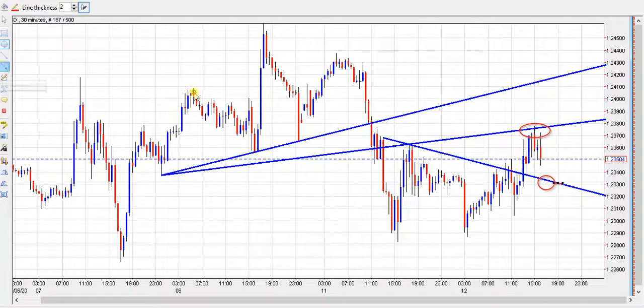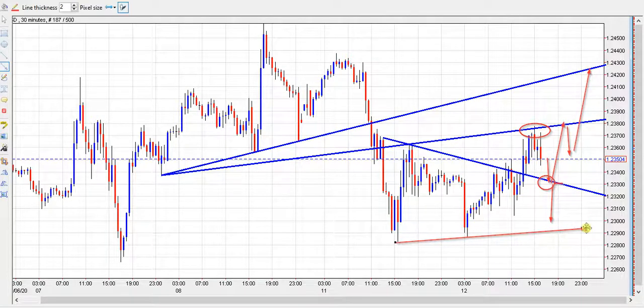If it starts breaking under, which means if it comes down here, then either it starts holding and goes back, and then we should go back higher. If not, then we come back testing this zone, 23.90. So yeah, this is a short-term play on the pound.